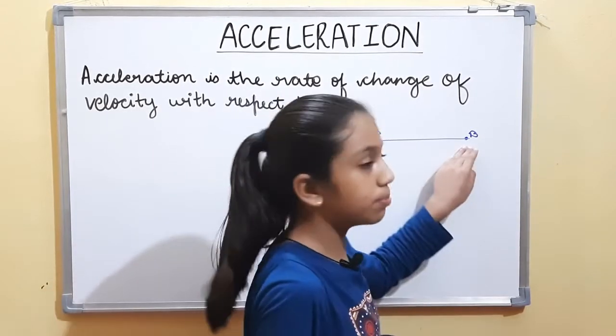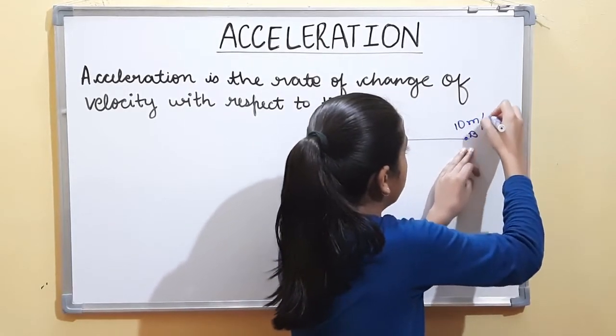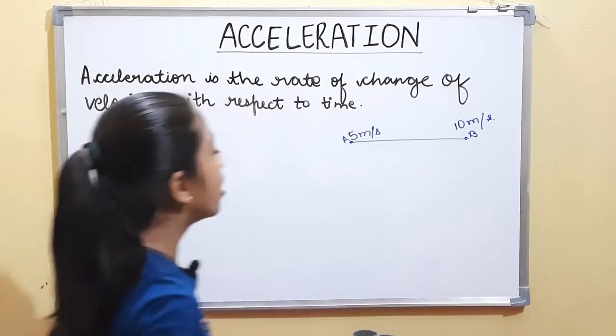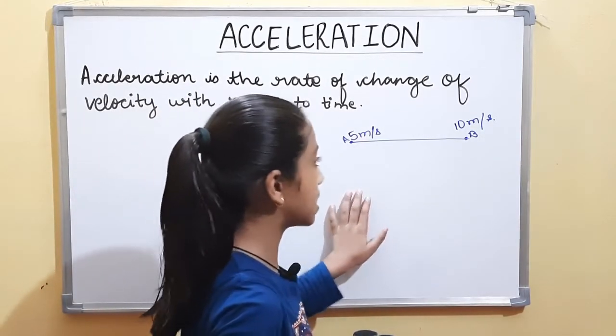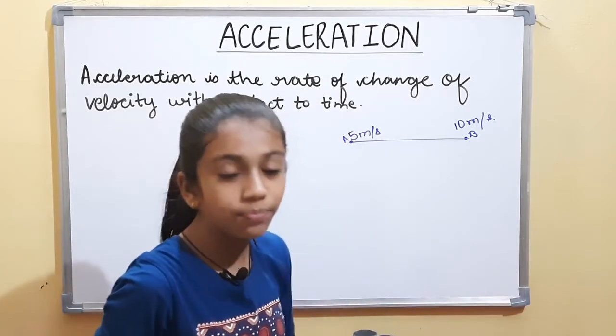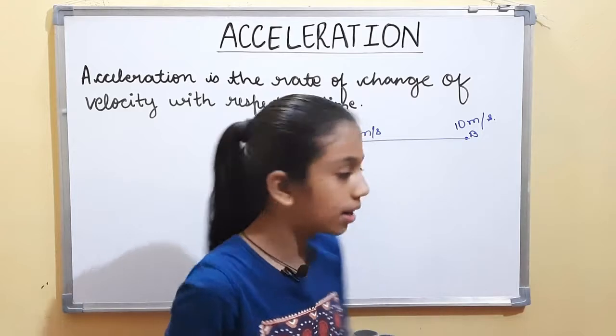But at point B, my velocity was 10 meter per second. So why has this velocity changed from 5 meter per second to 10 meter per second? This is due to acceleration by the car.